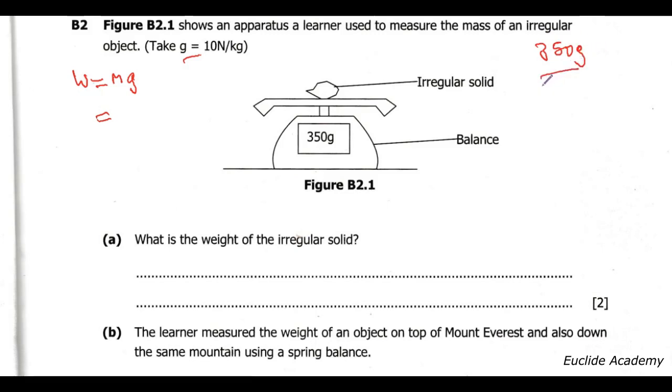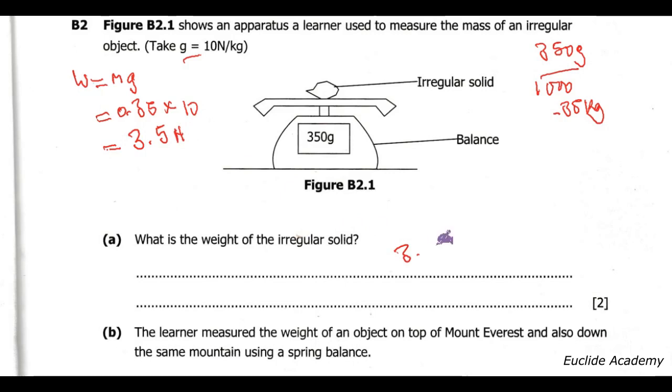You divide this by 1000, so it will be 0.35 kilograms. So 0.35 times g, which is 10, should give you 3.5 newtons.